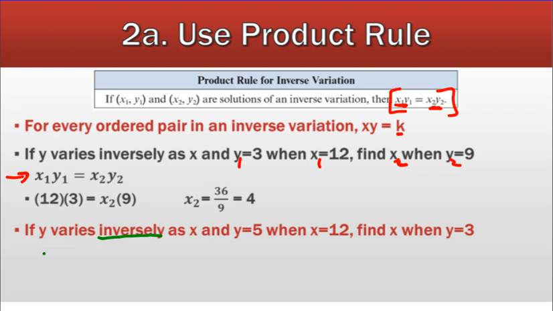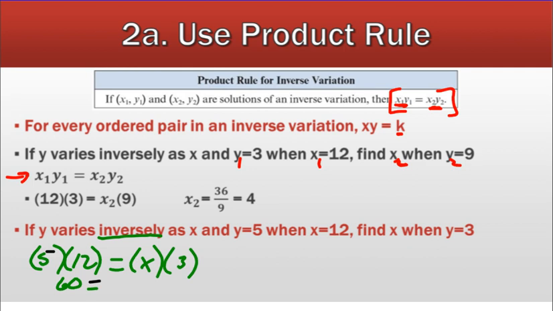So I have 5 times 12 equals my x times 3. 5 times 12 is 60. 3 times x is 3x. And to get x by itself, I divide by 3 on both sides. Our x would equal 20.